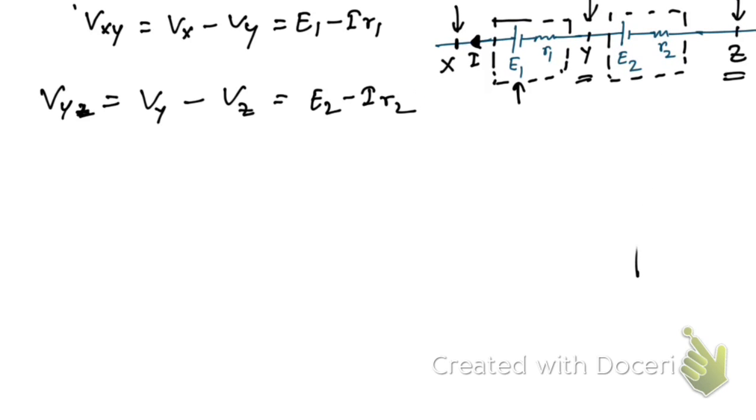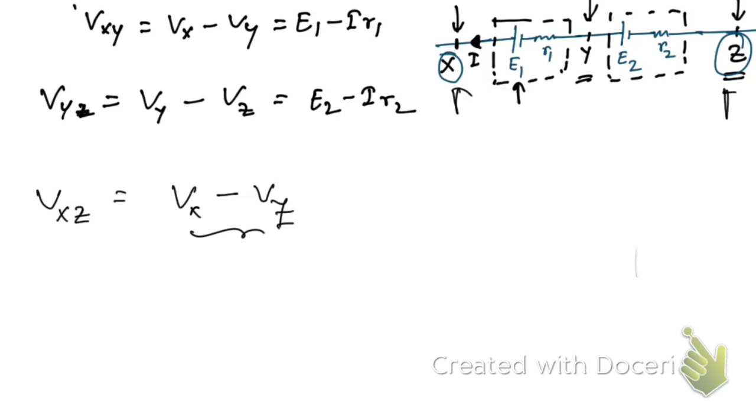Now you see, what is the potential difference between X and Z? Let it be Vxz, which can be written as Vx minus Vz, the potential at X and the potential at Z. We can write this as Vx minus Vy plus Vy minus Vz.